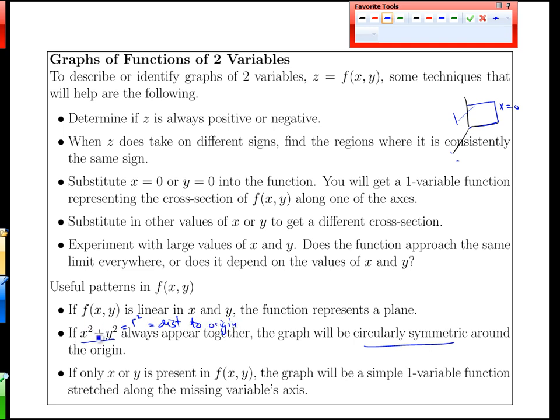And so if a function depends only on the distance to the origin, then everything at the same distance will have the same height, and so you'll get something that looks circularly symmetric, and we'll see how that plays out in terms of our graphs. And our last example will feature this last thing. I think we'll have forgotten it by then, so we'll come back to it when it's relevant.